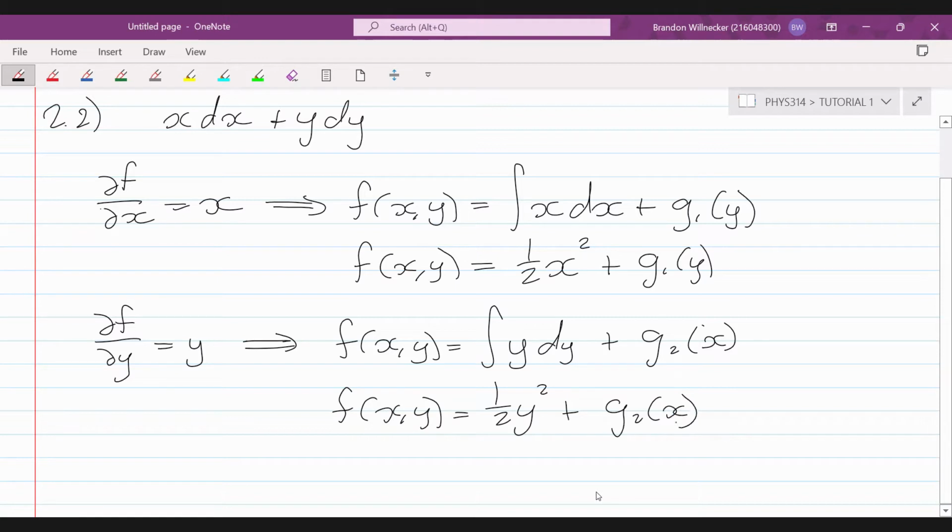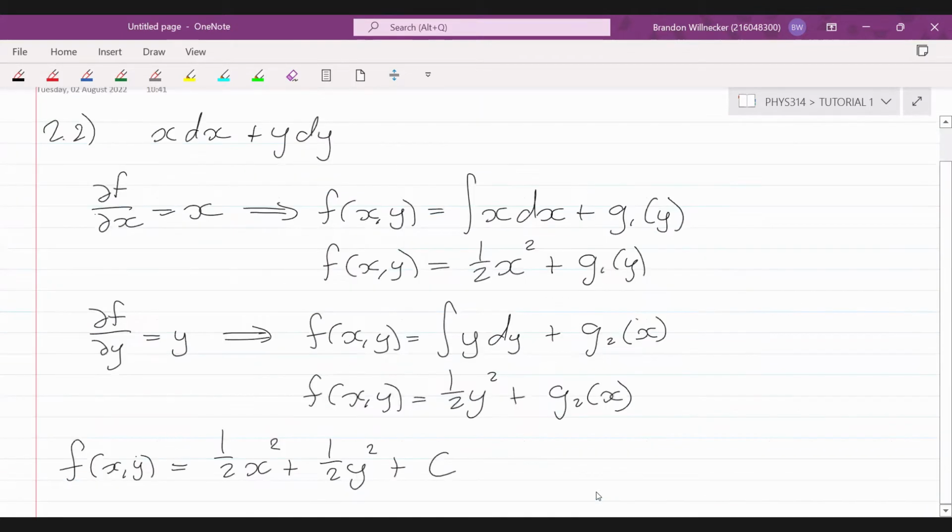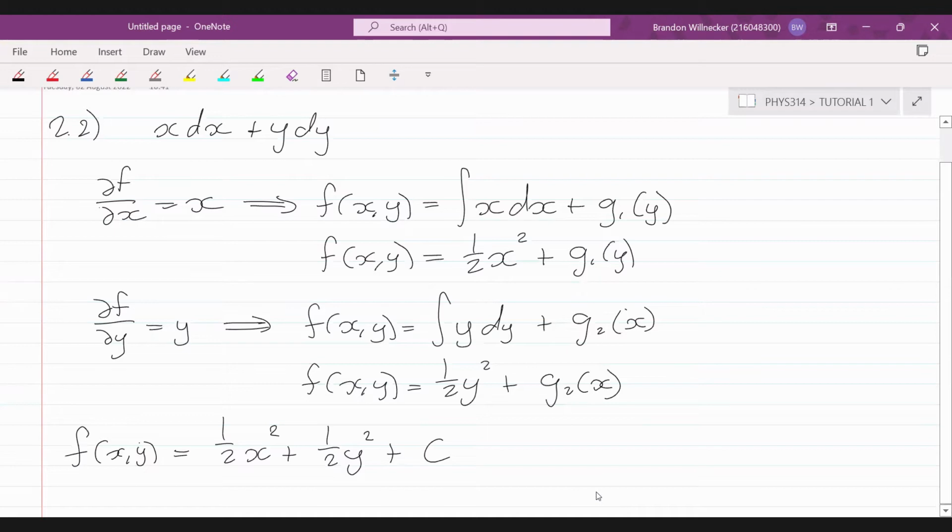Okay, now if we compare both expressions for f, we see that our final answer, f of xy, must therefore be 1/2 x squared plus 1/2 y squared plus some constant c. Okay, so that would be one of our thermodynamic potentials. Okay, any questions on this one?